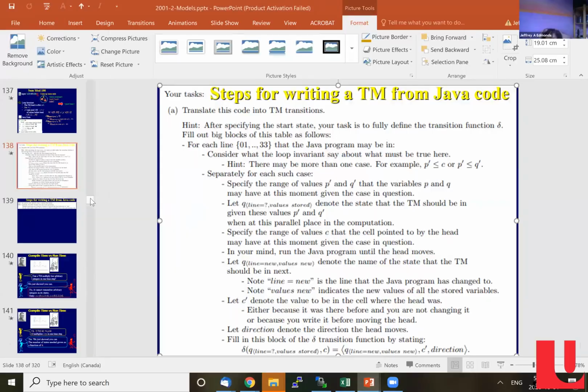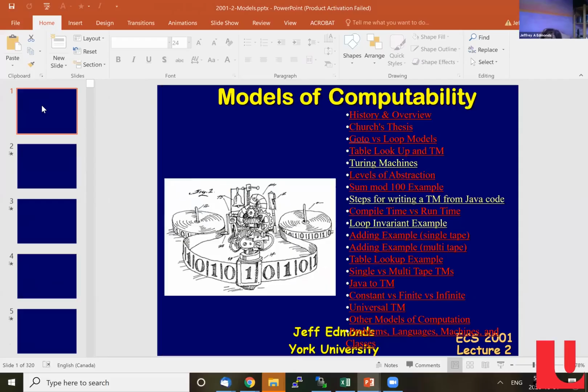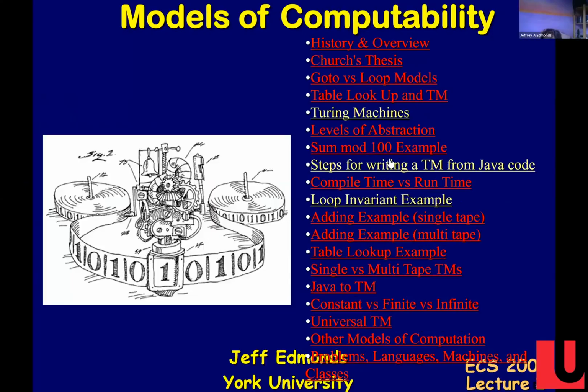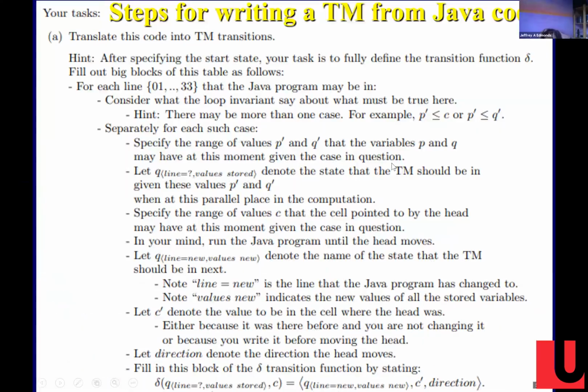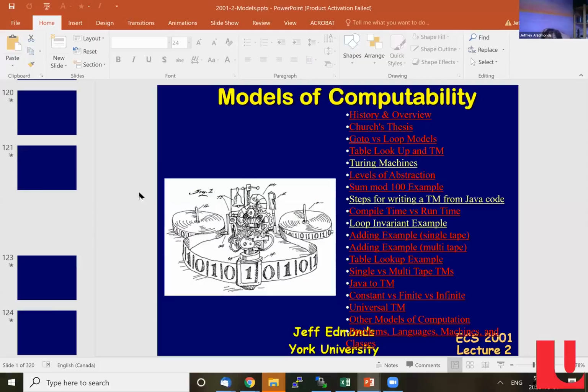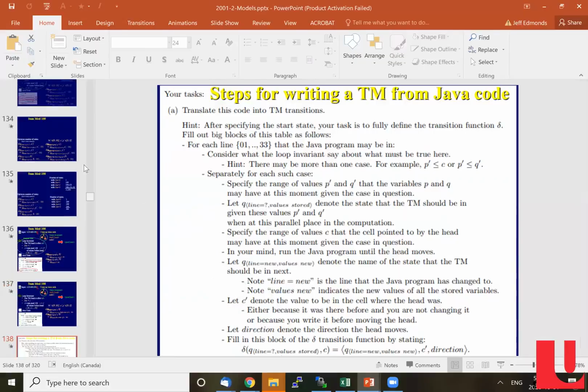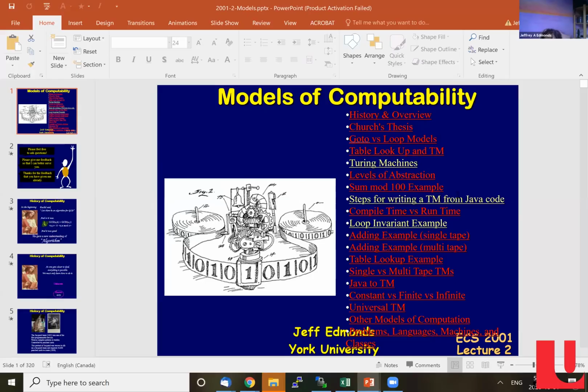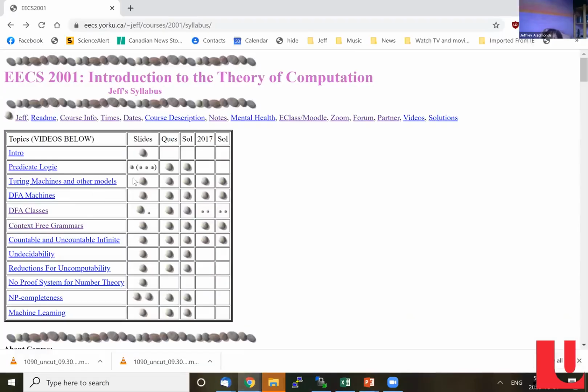You go to the first page, and if it says "steps for writing a Turing machine from Java," then you know how to start running them, and you click that and it goes to it. If you look at your version and it doesn't say this, that means you have yesterday's version. So you go back here and download today's version.